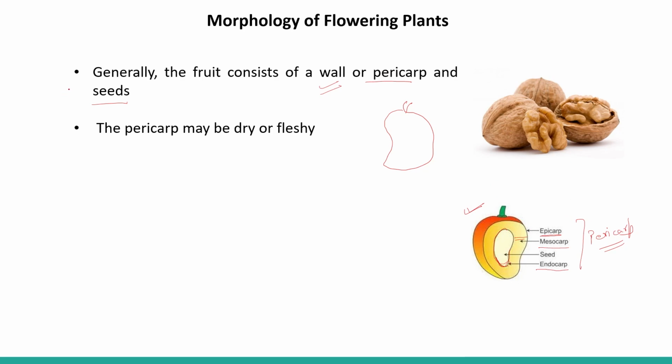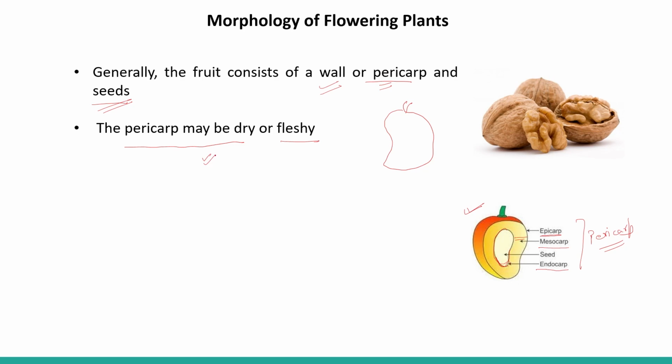So the fruit generally consists of the pericarp, which is the wall of the fruit, and the innermost seed. The pericarp has three layers: the outermost epicarp, the middle mesocarp, and the inner endocarp.